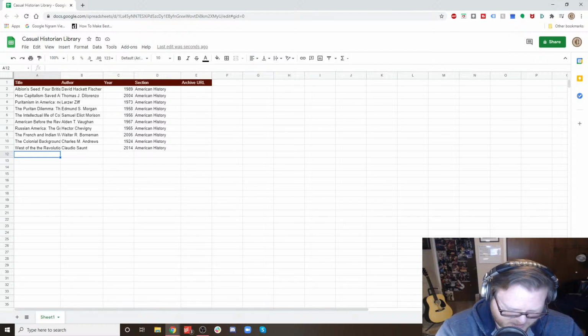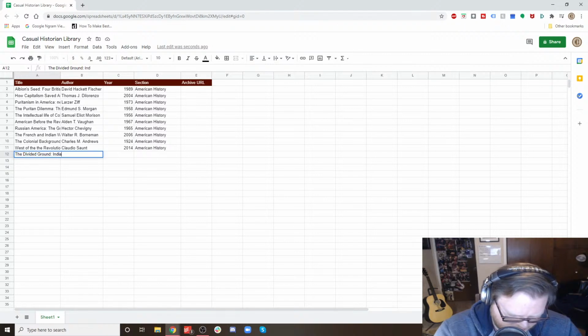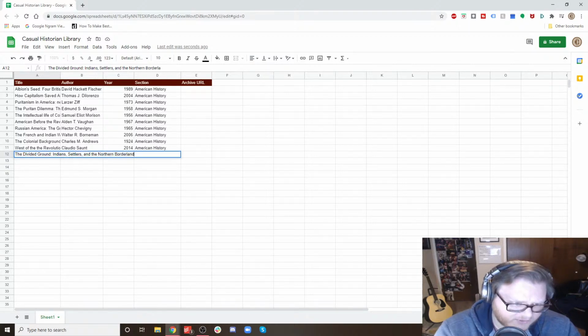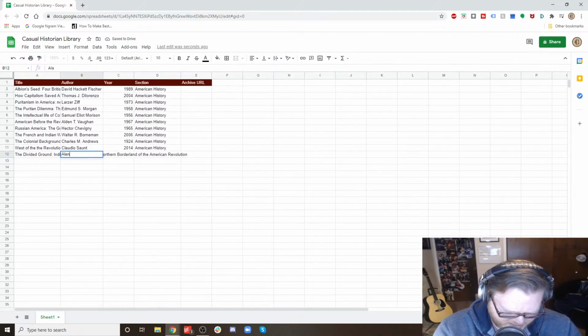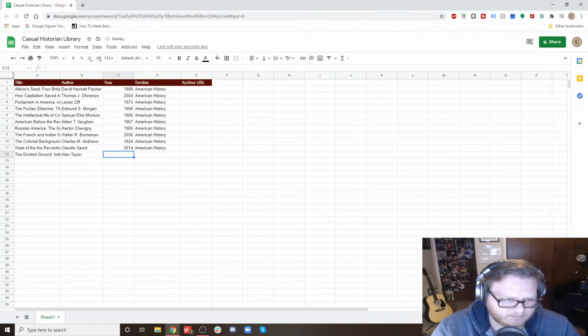Next, The Divided Ground: Indians, Settlers, and the Northern Borderland of the American Revolution, by Alan Taylor.